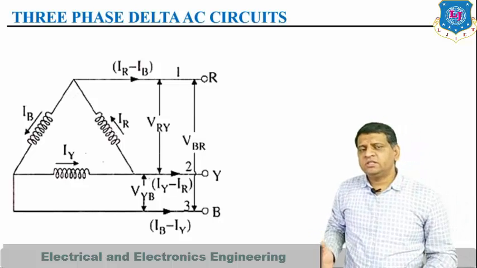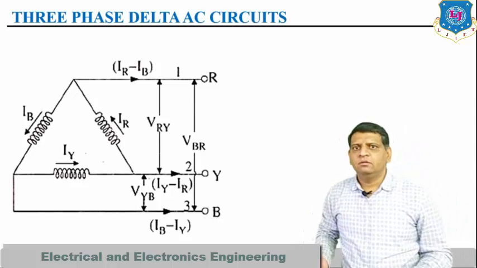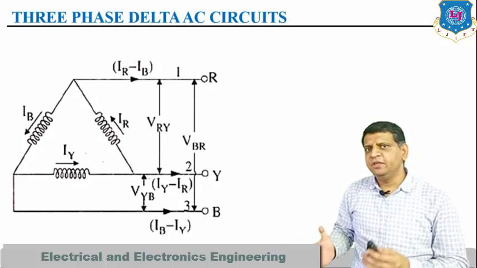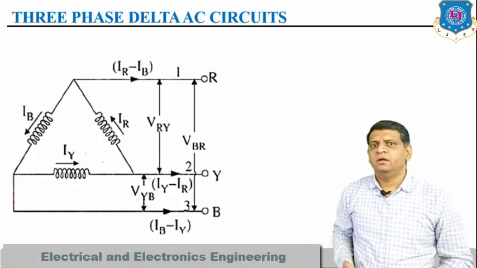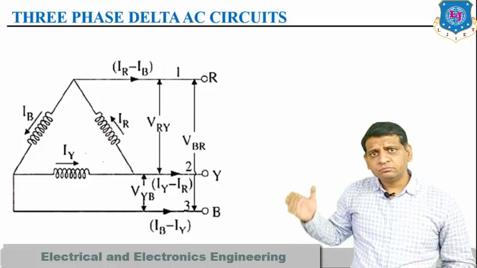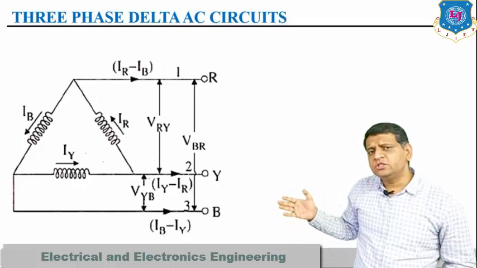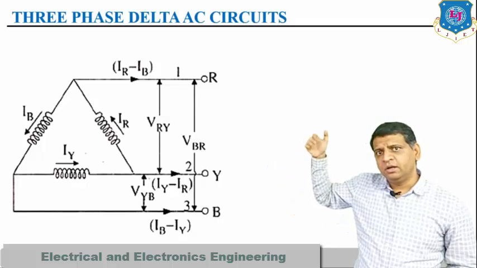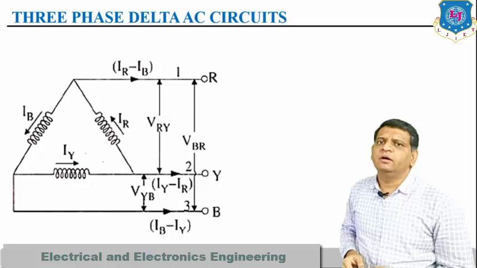The voltage across each line you can consider as VRY, VYB and VBR, right. The current through each phase we define as IR, IY and IB, which is ultimately passing through the line.